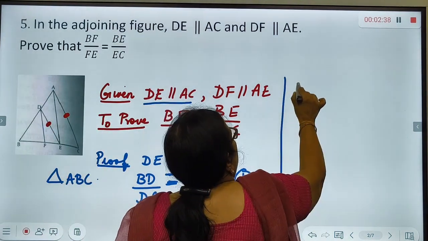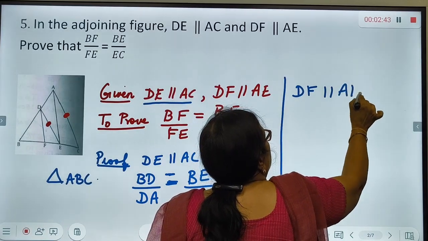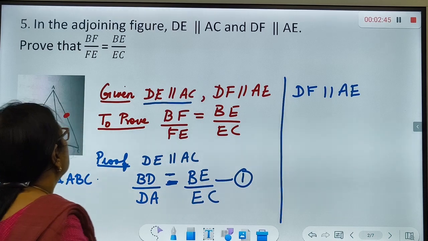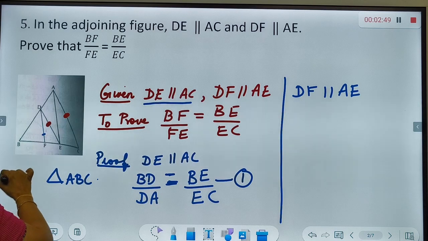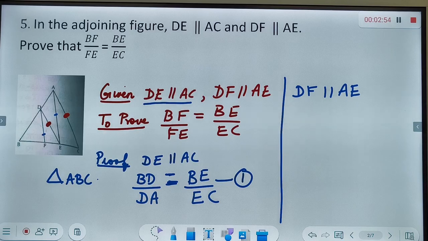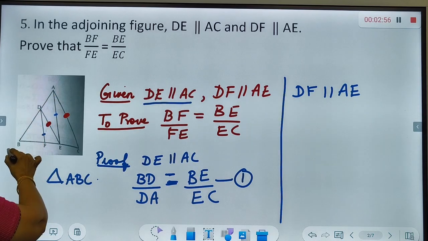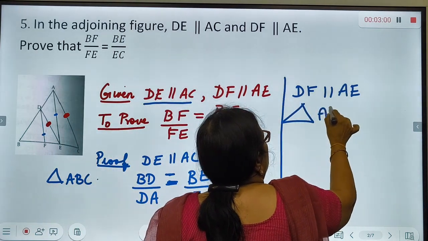Now, DF is parallel to AE. Which is DF here? This is DF. DF is parallel to AE. So, for that also, look at this triangle ABE. Consider triangle ABE.